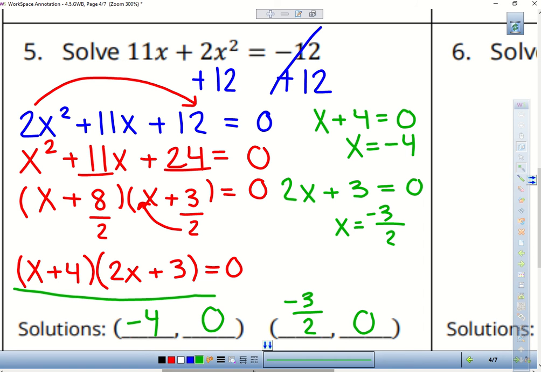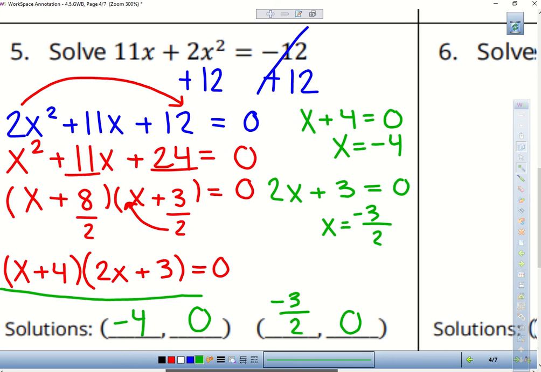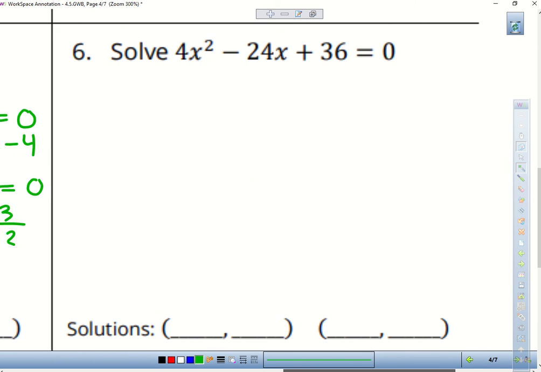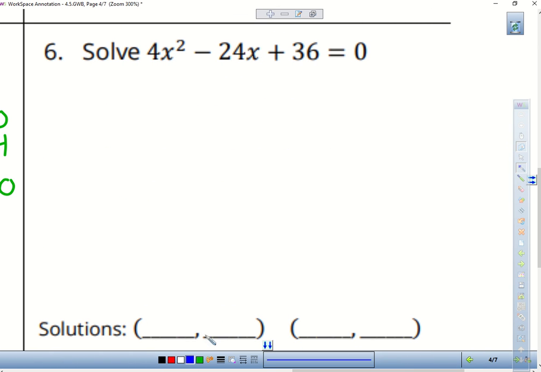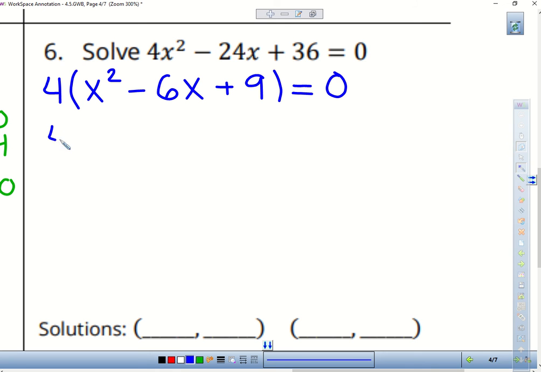All right. So let's go ahead and try number 6. So do we have a GCF here? 4. Good. So what are some factors of 9 that add up to -6? -3, -3.